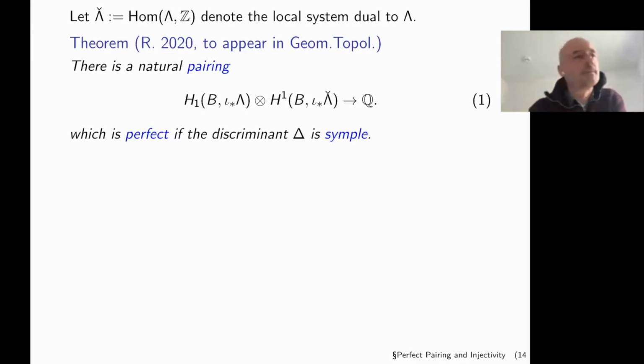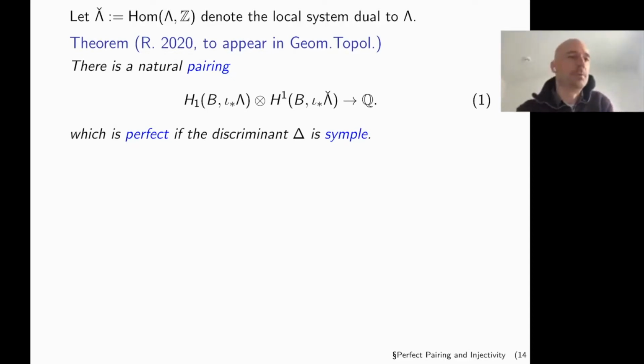It's really just a cup product pairing, cap or cup or whatever, one of these. But the thing is that you can do this with push forward. Okay, that's less obvious. If there wasn't a push forward, if you just work away from the discriminant, that's kind of obviously such a pairing. But it works also with push forward. And this pairing is perfect if the discriminant is not too bad.